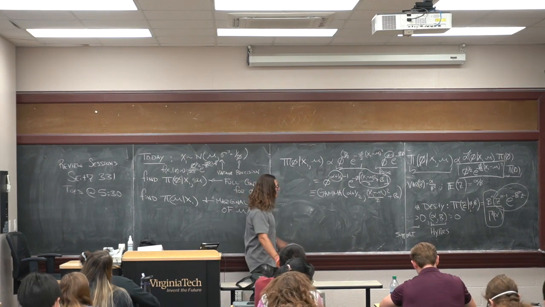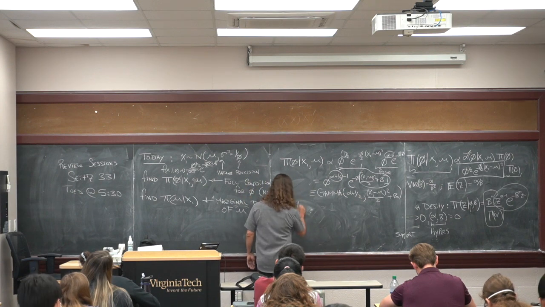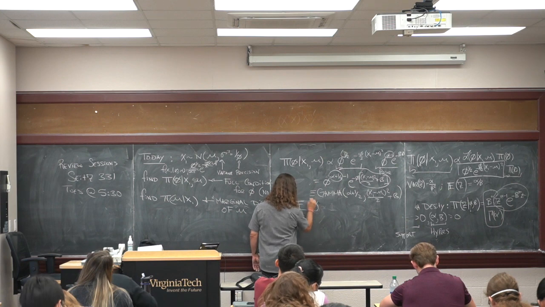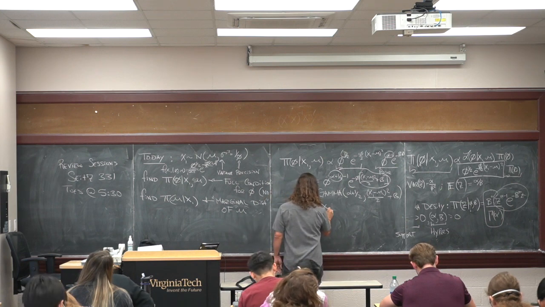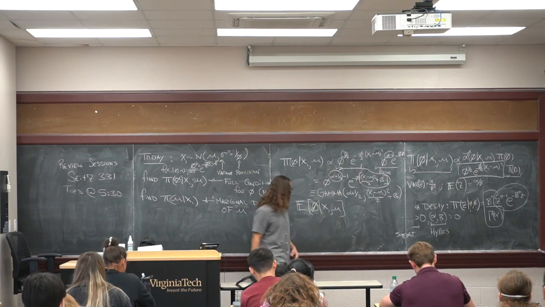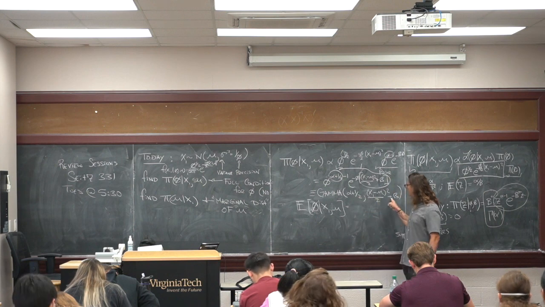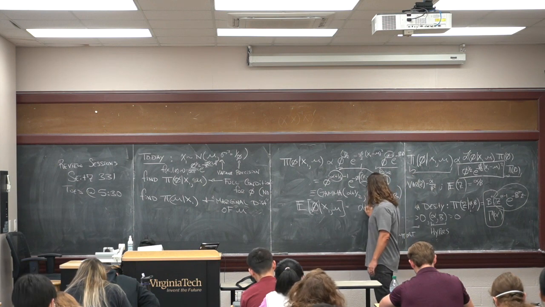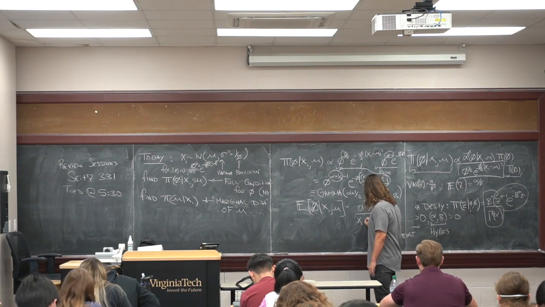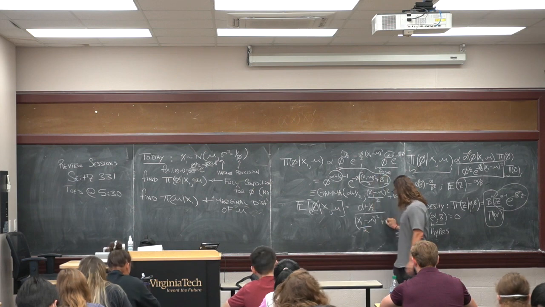If it doesn't, then I probably want to look for my error. So the expectation of phi given x1 and mu, I'll be polite and write down all the conditioning, is going to be equal to this thing over that thing. So alpha plus 1/2 over x1 minus mu squared over 2 plus beta.